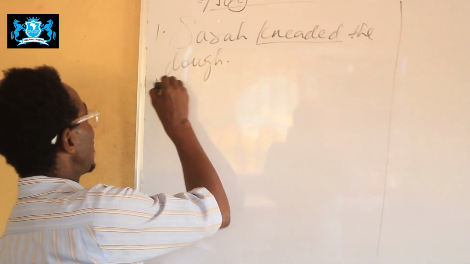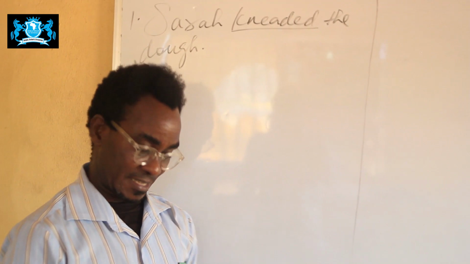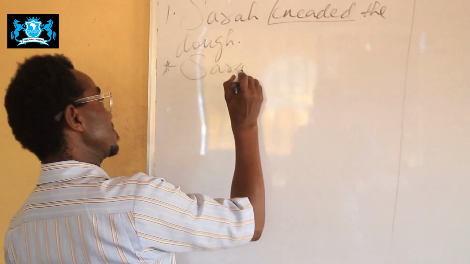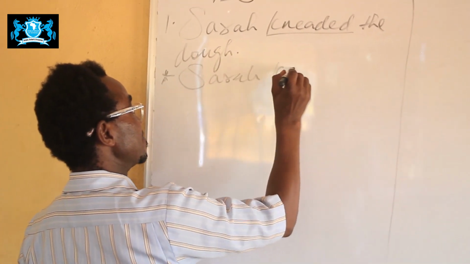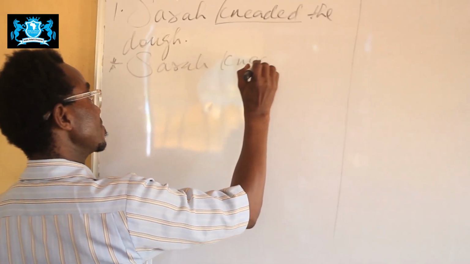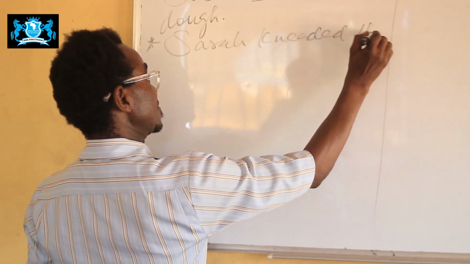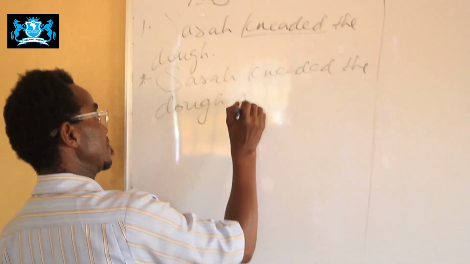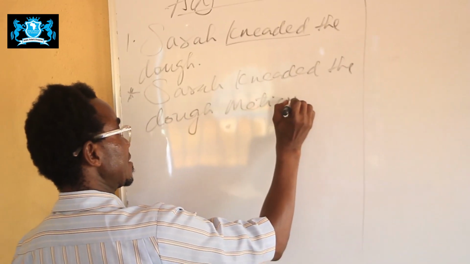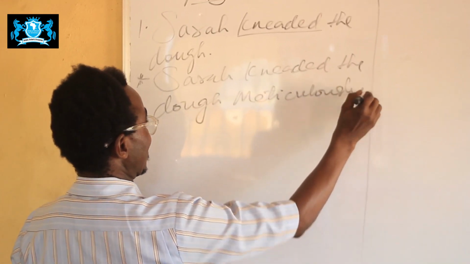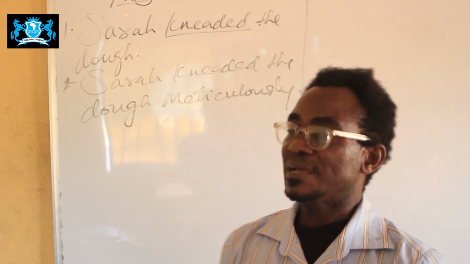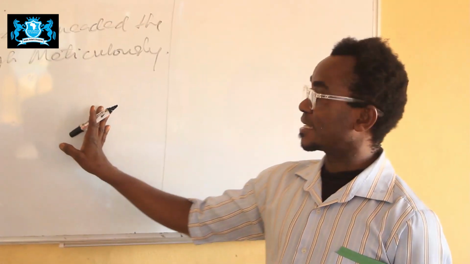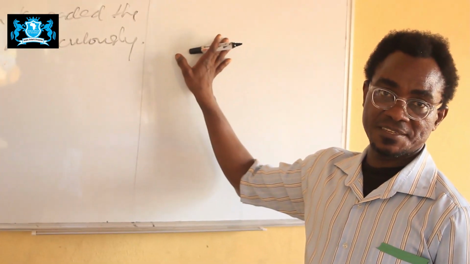But let us take a look at the sentence again if we write it. If the sentence now reads, Sarah needed the dough meticulously, you can see now that an additional word has crept into the original sentence.